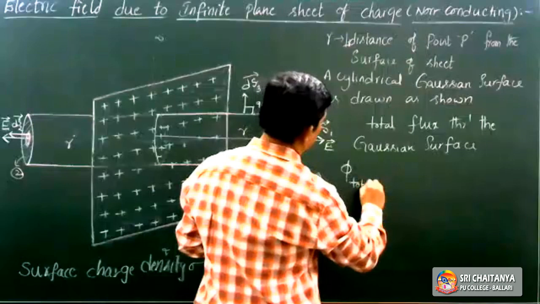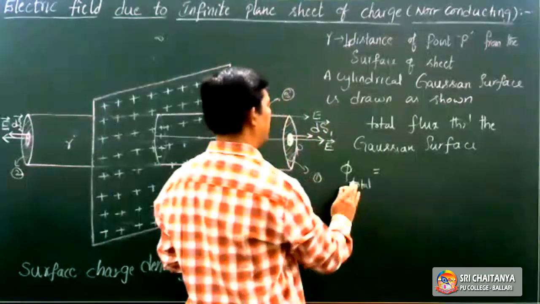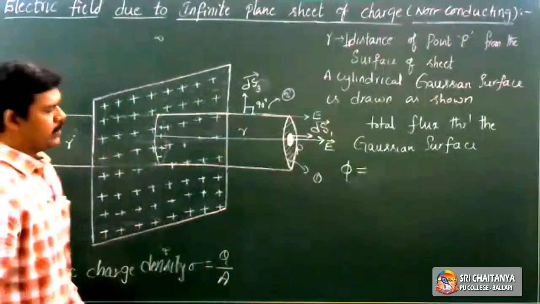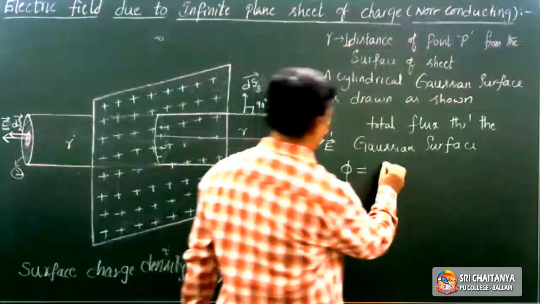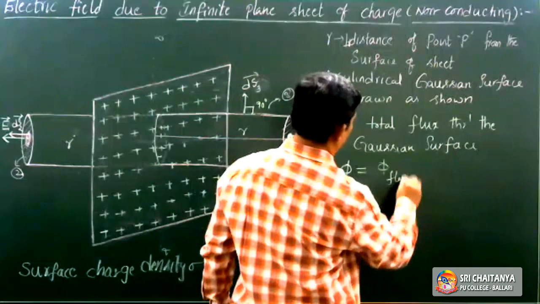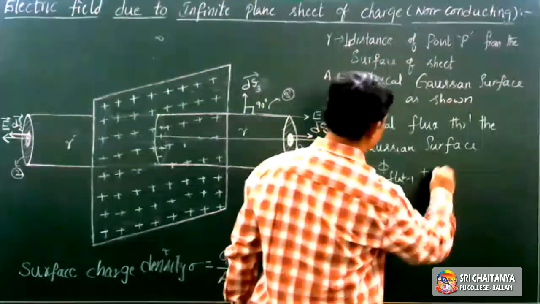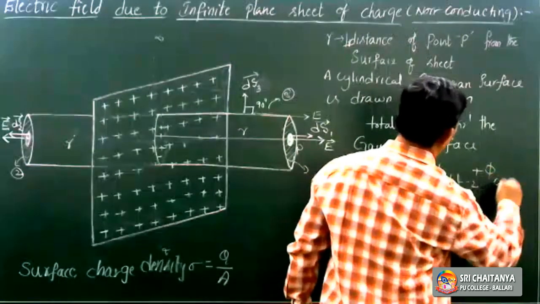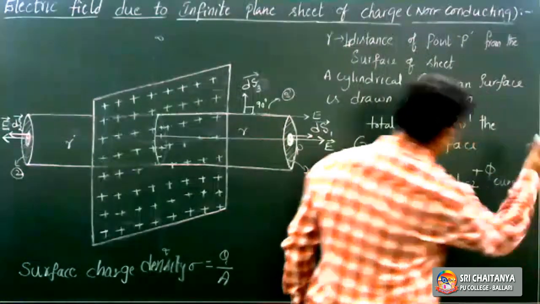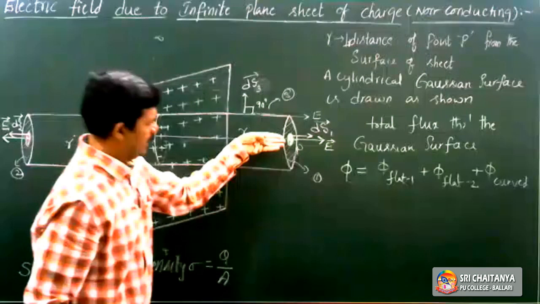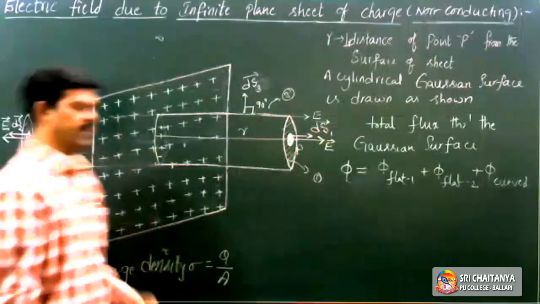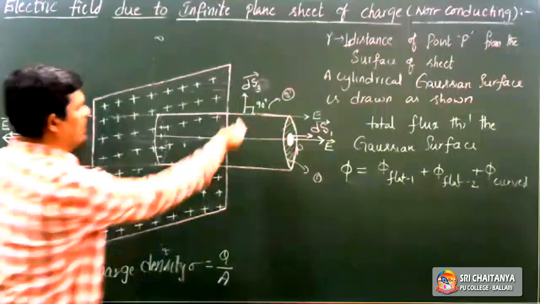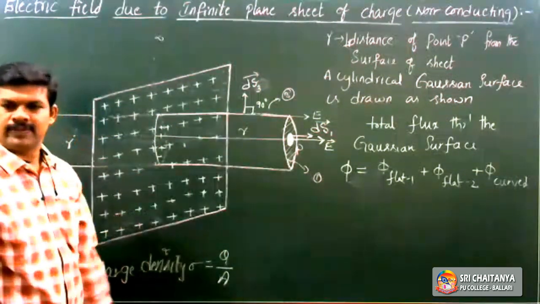Phi total, or you can write phi. Is it not phi flat 1 plus phi flat 2 plus phi curved? Phi through this flat surface, phi through this flat surface, phi through this curved surface, right?